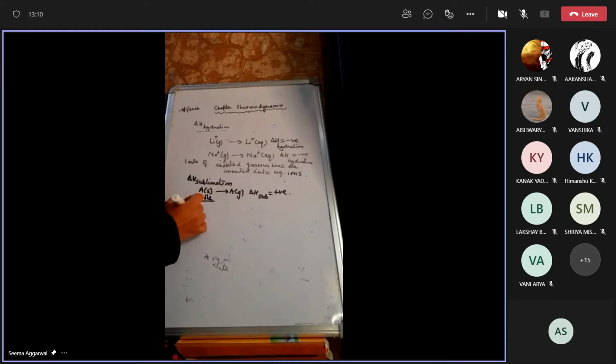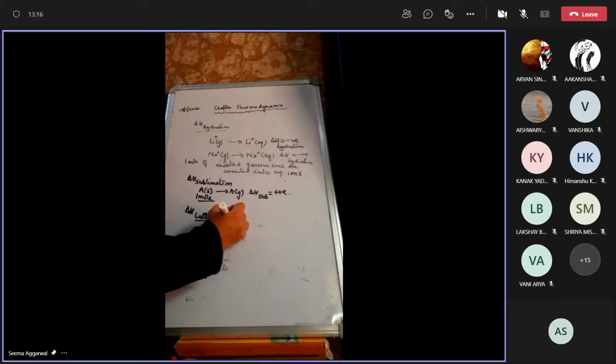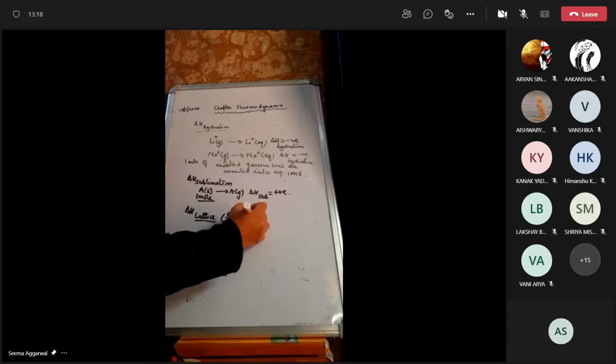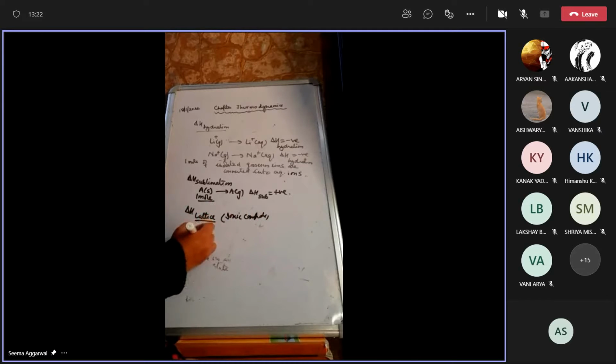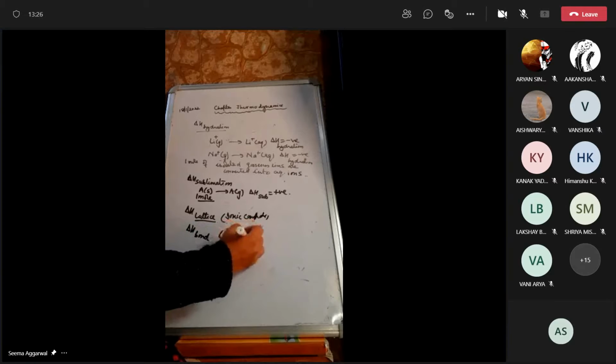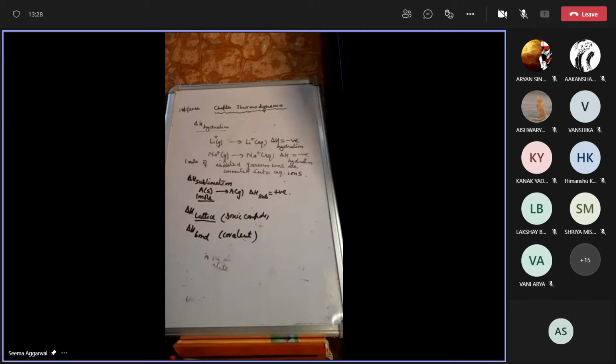Okay. Then what is the meaning of lattice enthalpy? Now, lattice enthalpy is for ionic compounds. You have two energies: one is bond energy. Bond energy is generally for a covalent compound, but lattice enthalpy is for ionic compounds.